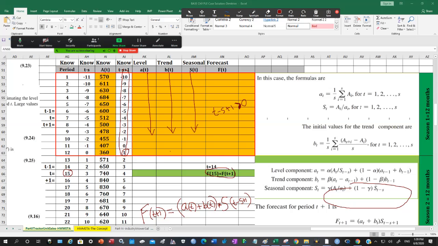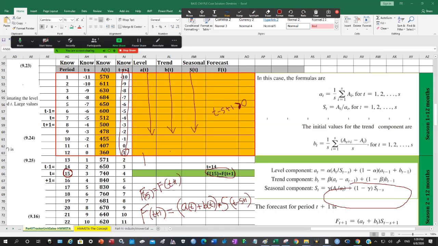So if I am in period 15 and I want to find f of 15, using this formula f of t plus 1, in the formula t is 14.